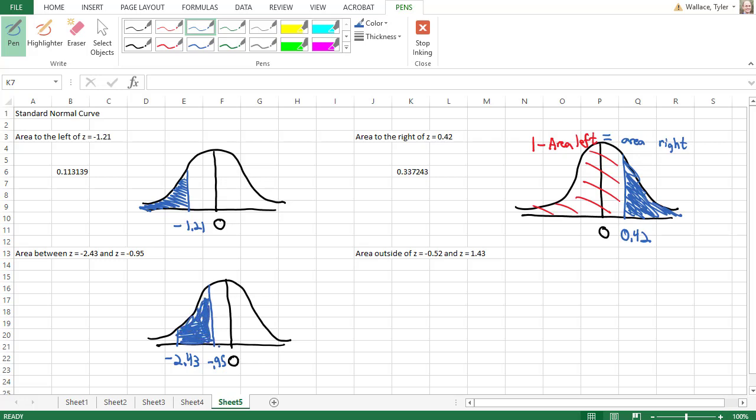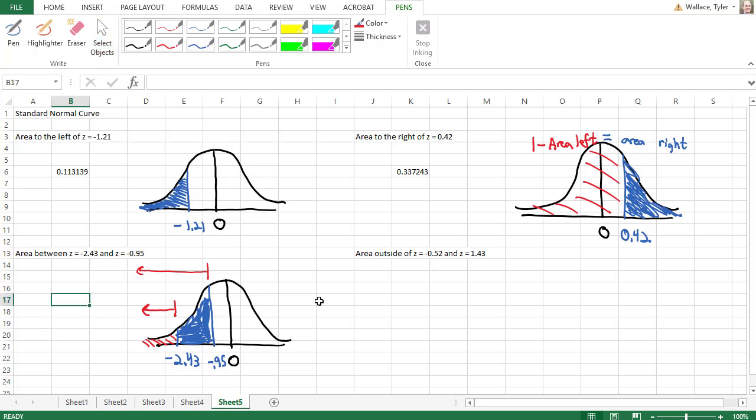Well, Excel doesn't really find area between directly, so we're going to do a similar thing to what we did when we wanted the area to the right. If we first found the area for negative 0.95, that's going to give me all of the area to the left. And I don't want this little bit that's to the left of negative 2.43. So we can subtract off that area that we don't want in our formula.